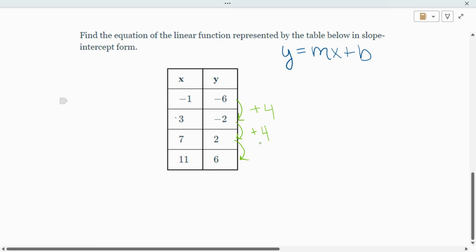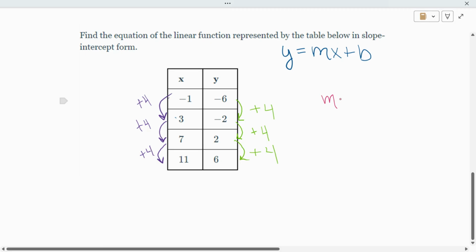Adding 4 each time. What am I doing on the x-axis? -1 plus what gives me +3? I'm adding 4 each time. I'm adding 4. Do you guys see that? So here our slope is going to look a little bit different.